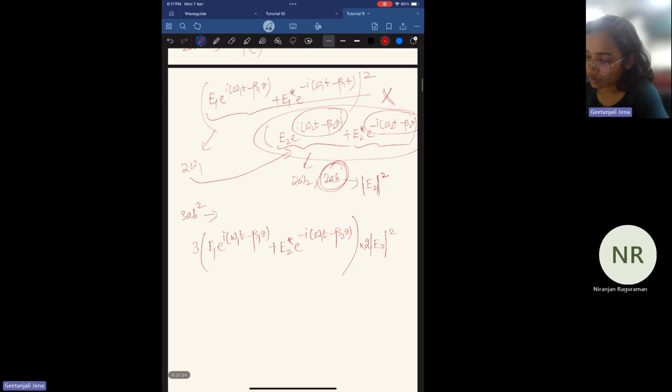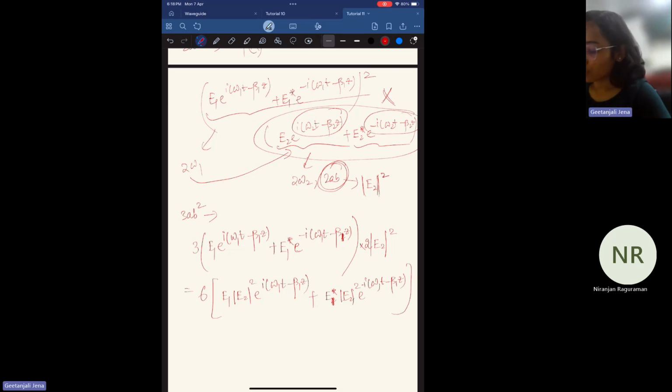So that is why it is 2E2 squared. So this will give 6 E1 E2² e^(i(ω1t − β1z)) plus, sorry, this is E1, right? There is a typo here. This is E1. So E1* E2² e^(−i(ω1t − β1z)).